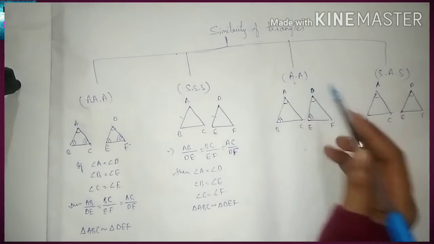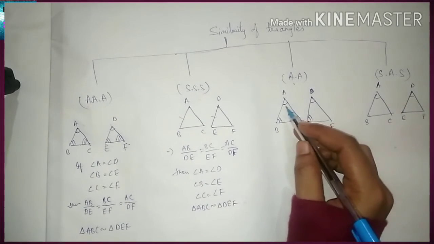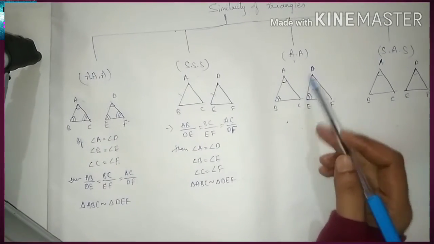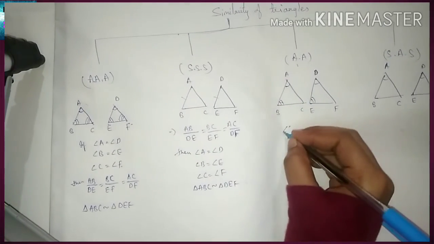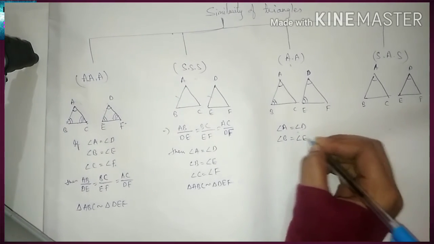Then the third one is angle, angle. So here two corresponding angles are equal. Angle A is equal to angle D, angle B is equal to angle E. It is given.